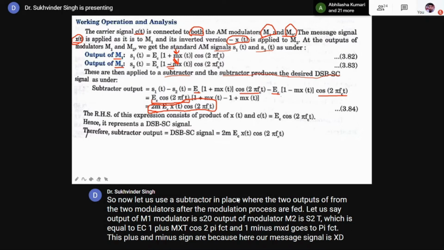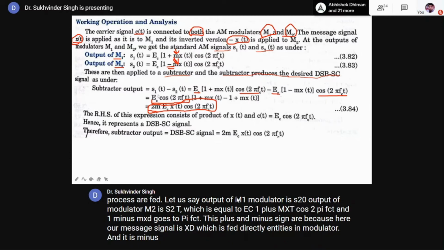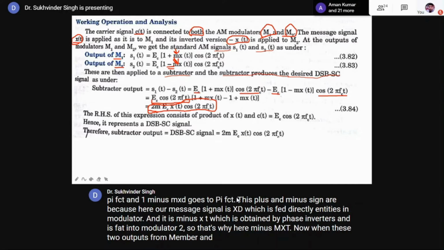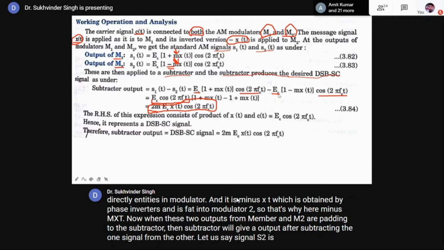Now when these two outputs from M1 and M2 are fed into the subtractor, the subtractor will give an output after subtracting one signal from the other. Let us say signal S2 is subtracted from signal S1, and in doing so, we can take the term Ec cos 2 pi fct, which is present in both outputs from M1 and M2, common.